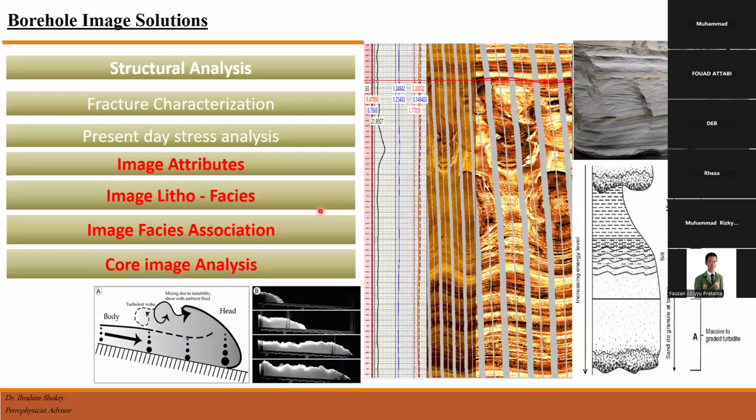So the third example, or the last one, is the most popular one. It gives us a solution about facies and lithofacies, facies and image attributes, the lithofacies association, and core image: borehole image calibrated with cores.